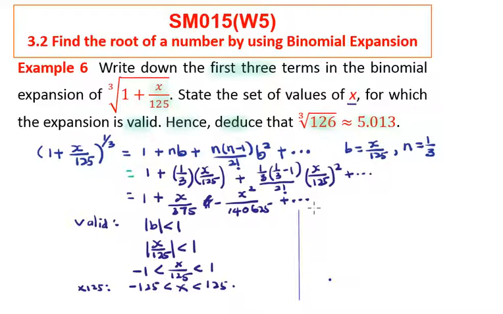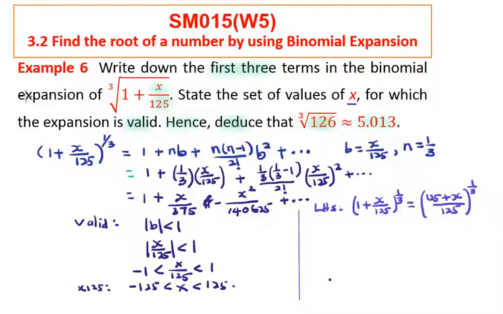First of all, look at the left-hand side, which is the cube root of 1 plus x over 125. If you form a single fraction, you have the cube root of 125 plus x over 125.